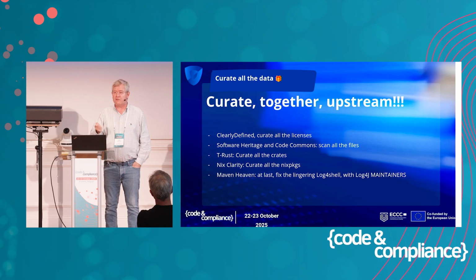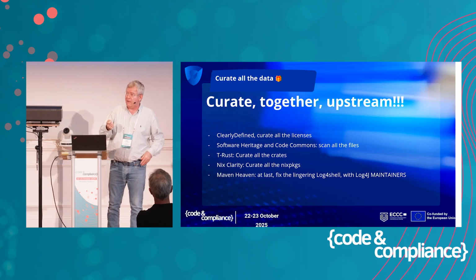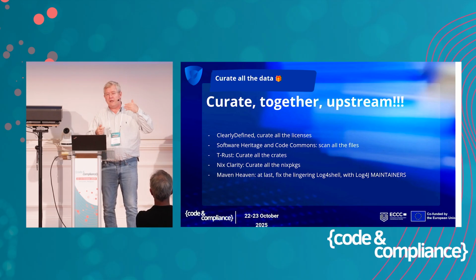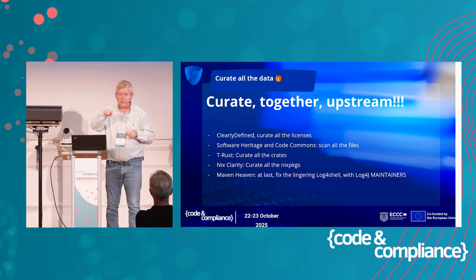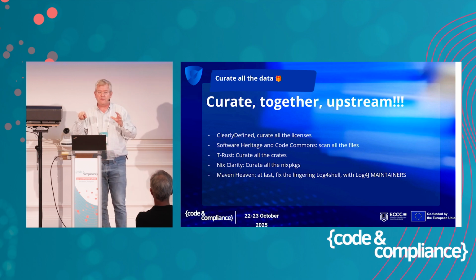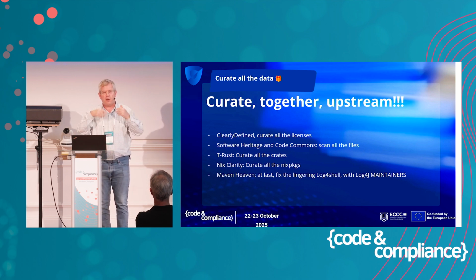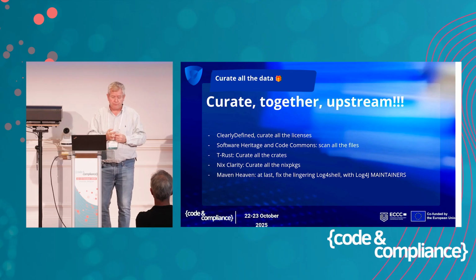So one at a time is something that will take forever. What we're trying to do is work upstream as much as possible. So I'm one of the co-founders of this project called ClearlyDefined, and we're working to eventually unlock the data so it can be more widely available. But it's essentially a repository of 50+ million ScanCode scans.